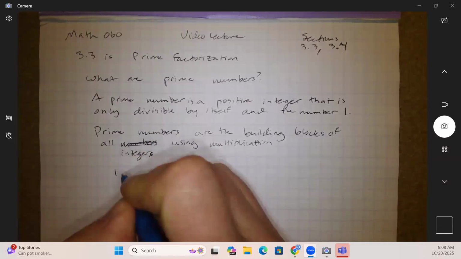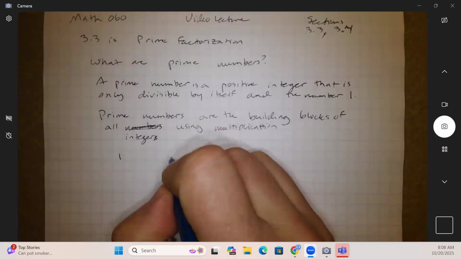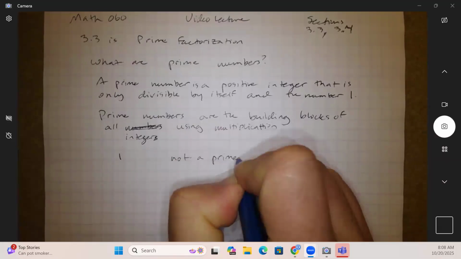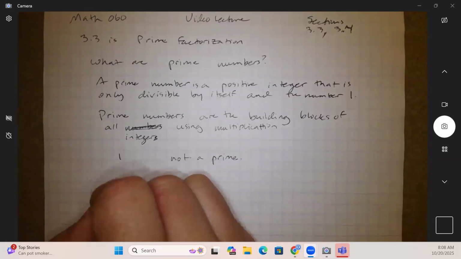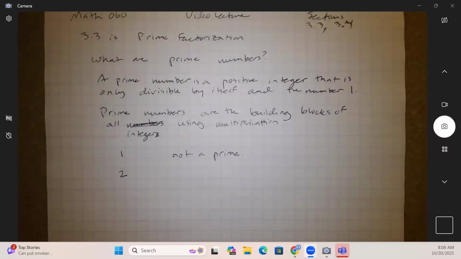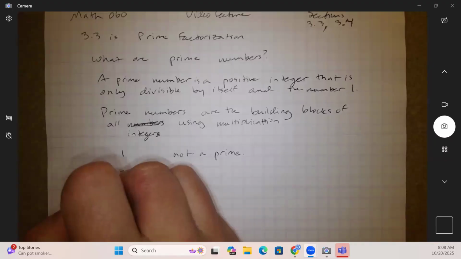So number 1, that's our first number. This is not a prime. Mostly because if you made the number 1 a prime, your world would not be very interesting. 2, right? The number 2 is divisible only by itself and the number 1. So 2 actually is a prime.